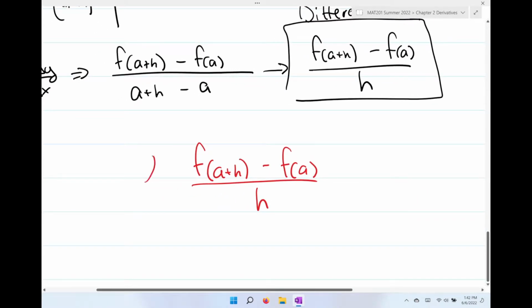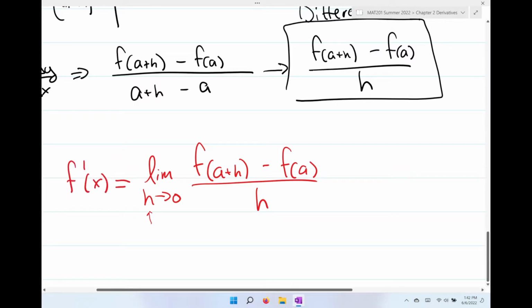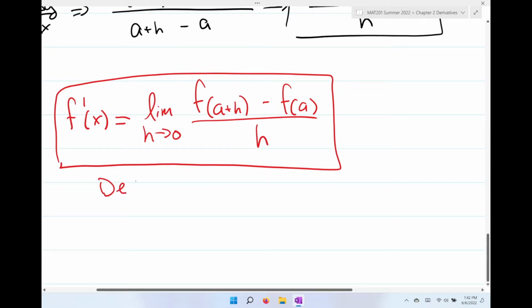We need to take the limit and allow our step size, which is h, that's that delta x thing, to go to 0. And if we do that, what we have just defined is called the derivative. And this is our definition. This is massive, of the derivative.